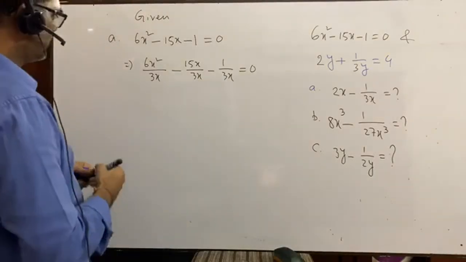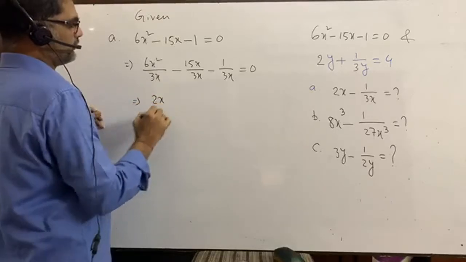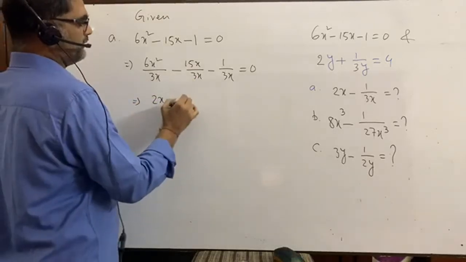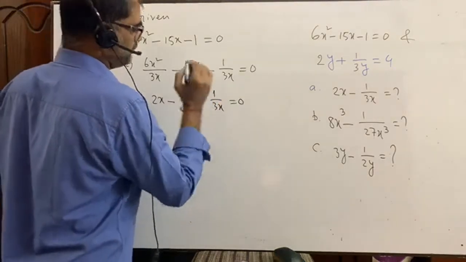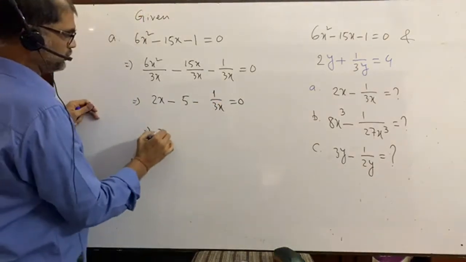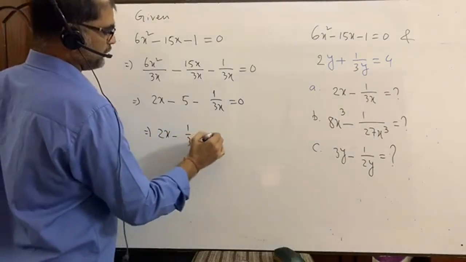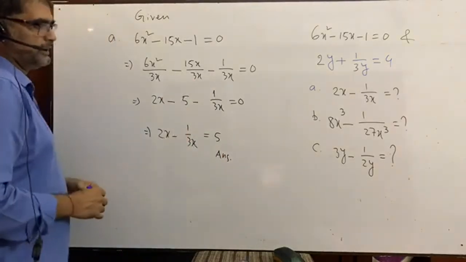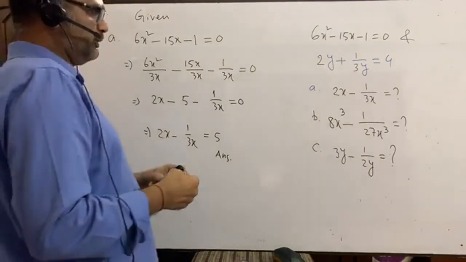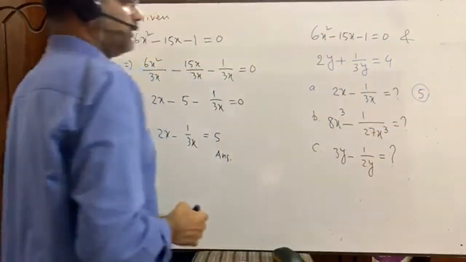That means we are getting here 2x minus 5 minus 1 by 3x equals to 0. That means twice x minus 1 by 3x is equal to 5. That is the answer. We have got the answer, right? So its value is 5.